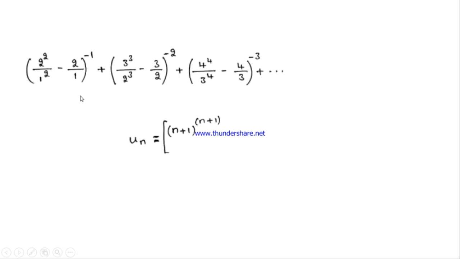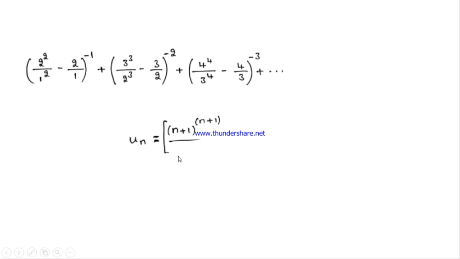Divide by, it is 1 square, 2 cube, 3 power 4. The power will go with this, but the base will go with the first term 1, second term 2, third term 3.